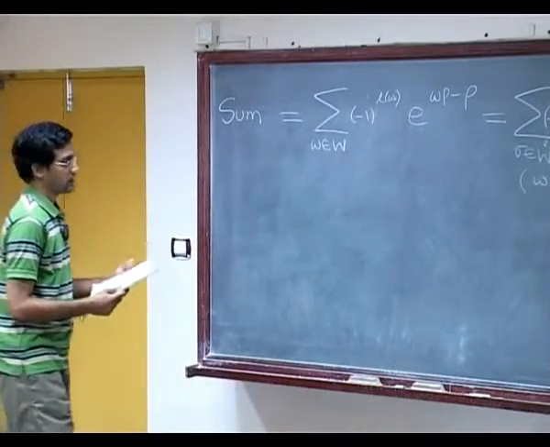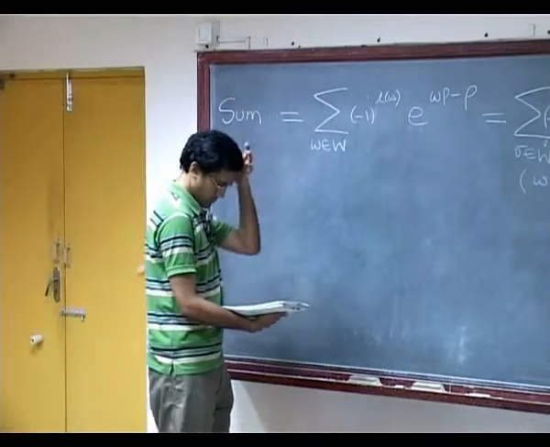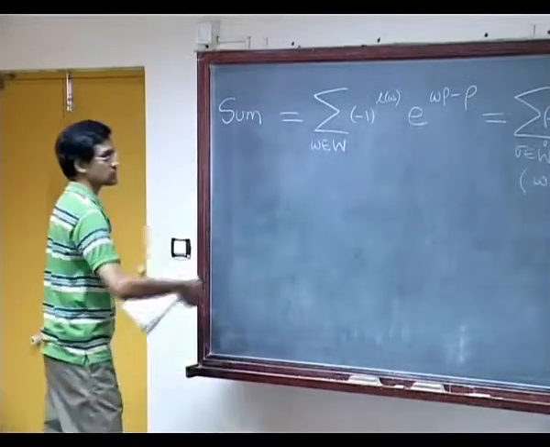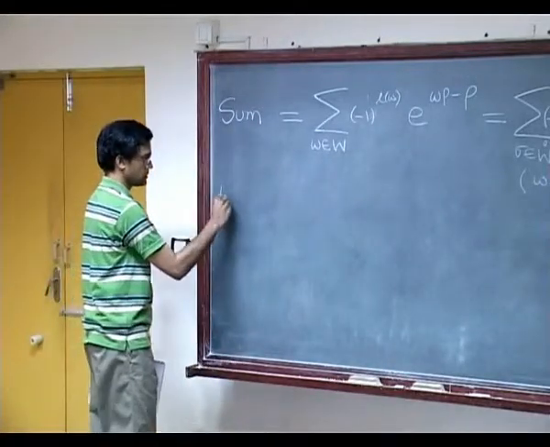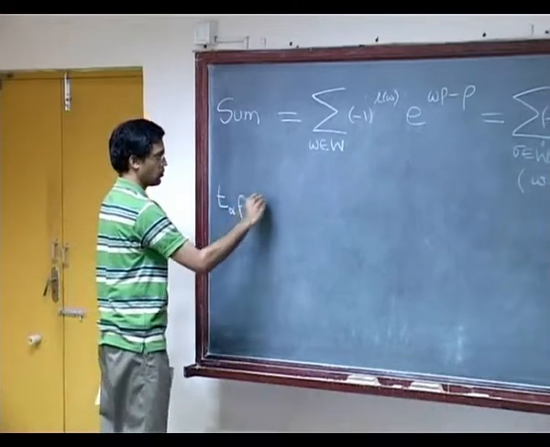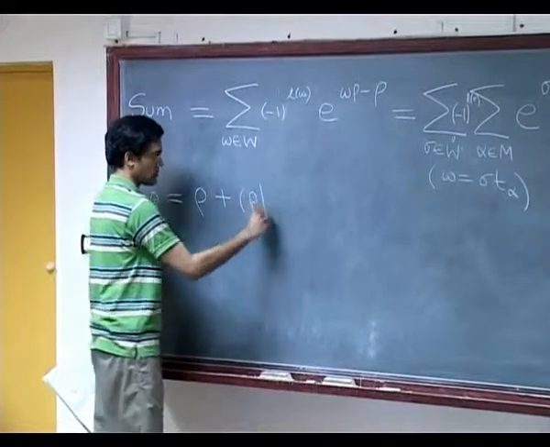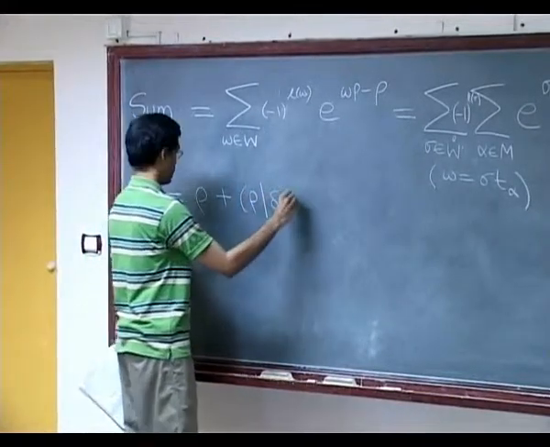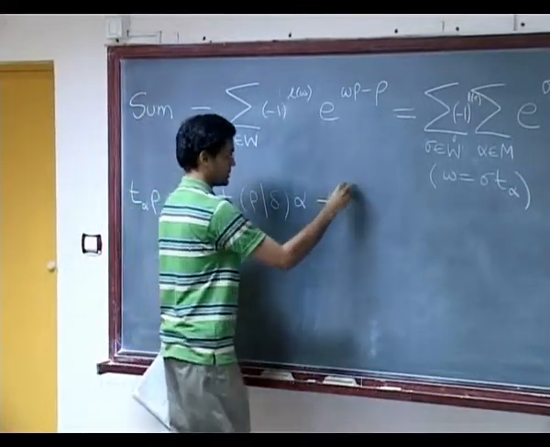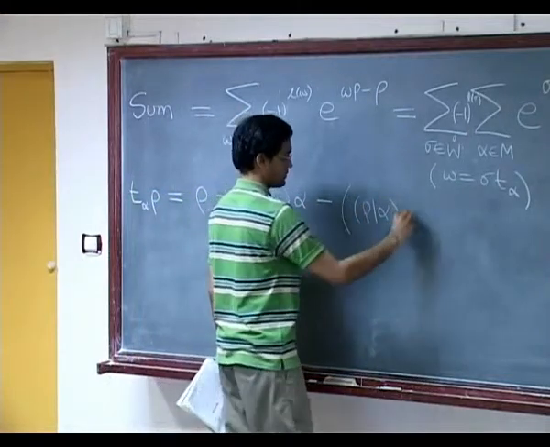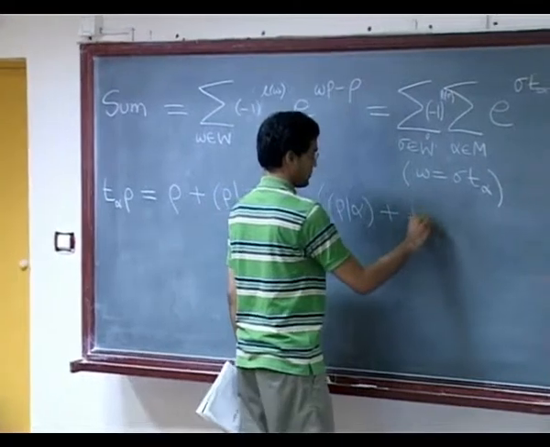Okay, we had a formula for how T alpha acts, so let's plug that in. Recall T alpha of rho was, by that formula, rho plus rho delta alpha minus rho alpha, then there is a half.